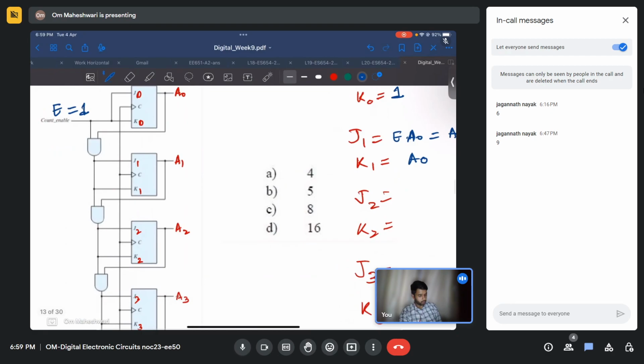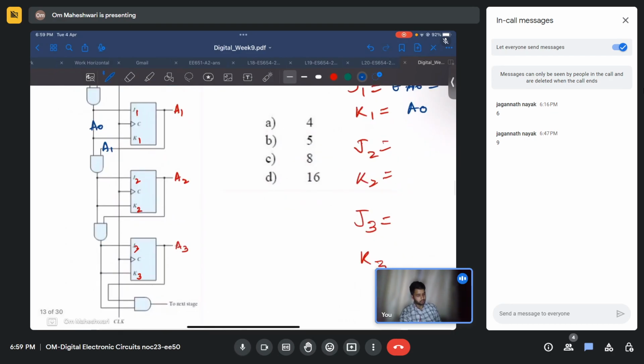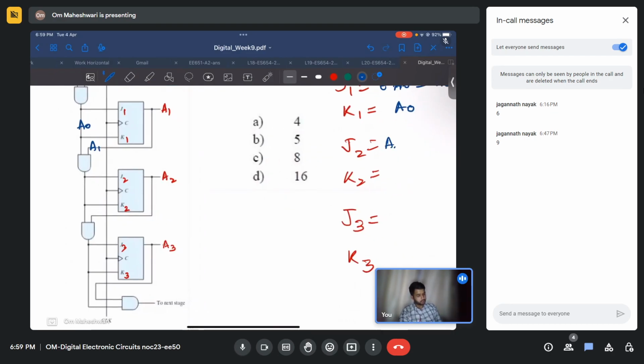Now J2, K2 is, so here we have A0, now it is A1, so it is A0, A1. Now for J3, K3 it is A2, so here it is A0, A1, A2.